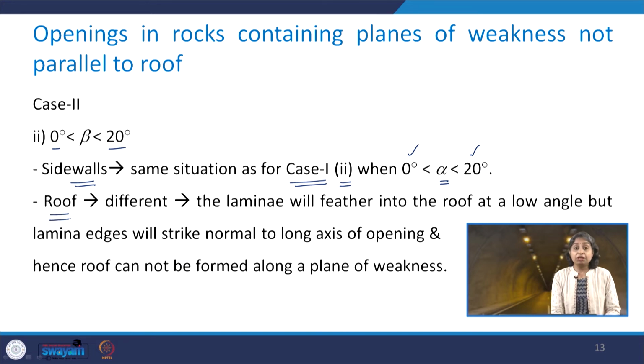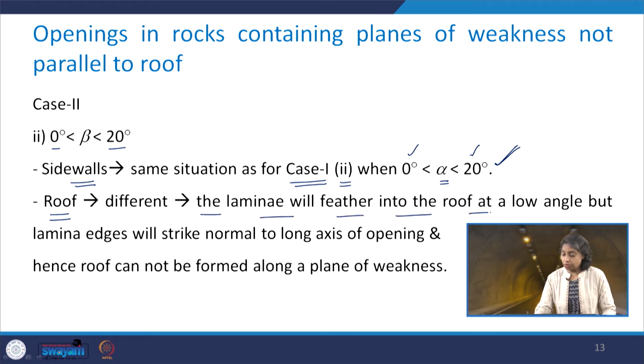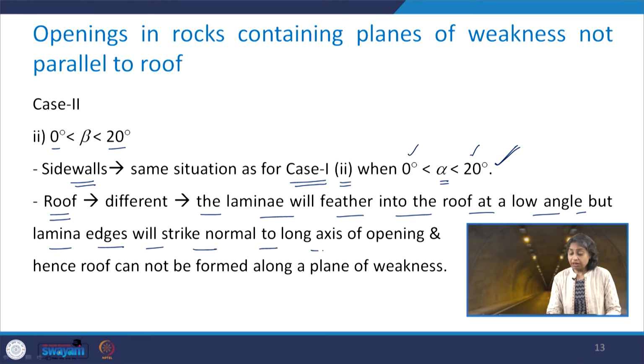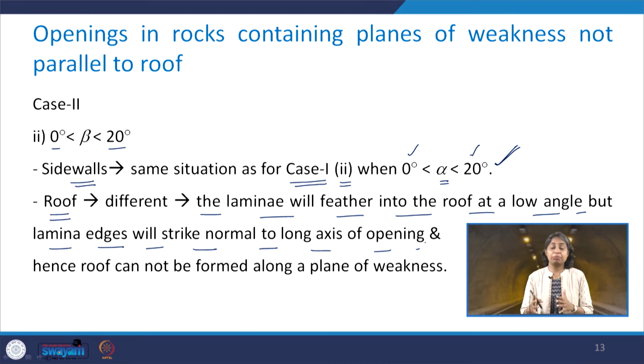In case of the roof, the situation is going to be different as compared to this particular case, because in this case the lamina will feather into the roof at a low angle, but the lamina edges will strike normal to the long axis of the opening, and therefore, the roof cannot be formed along a plane of weakness.